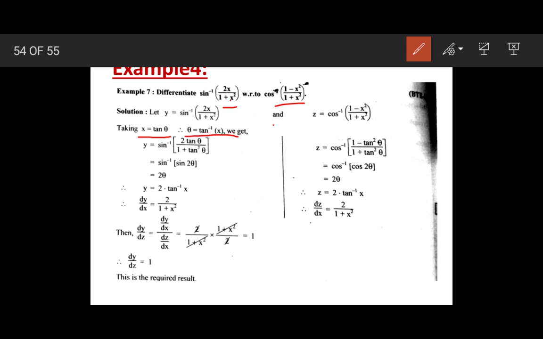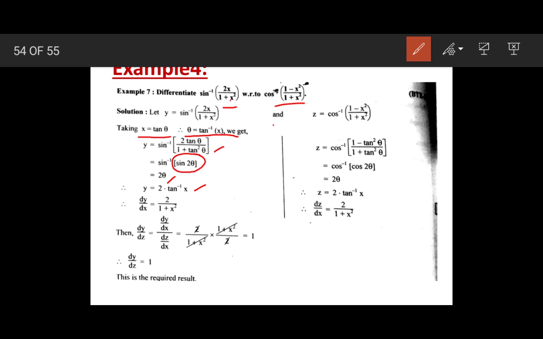Then y will be sin inverse of 2 tan theta upon 1 plus tan square theta, which is nothing but the formula of sin 2 theta. Then sin inverse and sin cancel out and we get y equal to 2 theta, and substituting theta as tan inverse x, we get y as 2 tan inverse x.